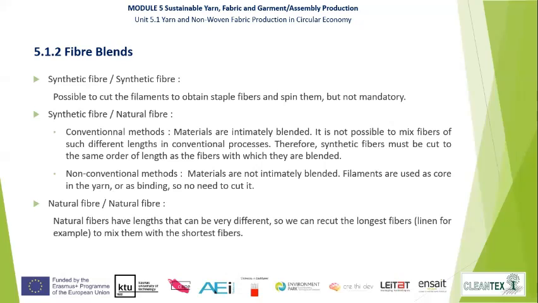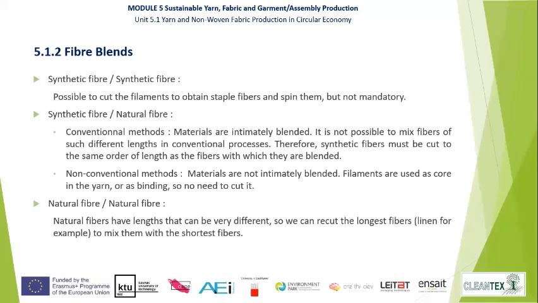If we use the non-conventional methods, the materials are not intimately blended. The filaments can be used as core in the yarn or as binding, so it's not necessary to cut the filament.